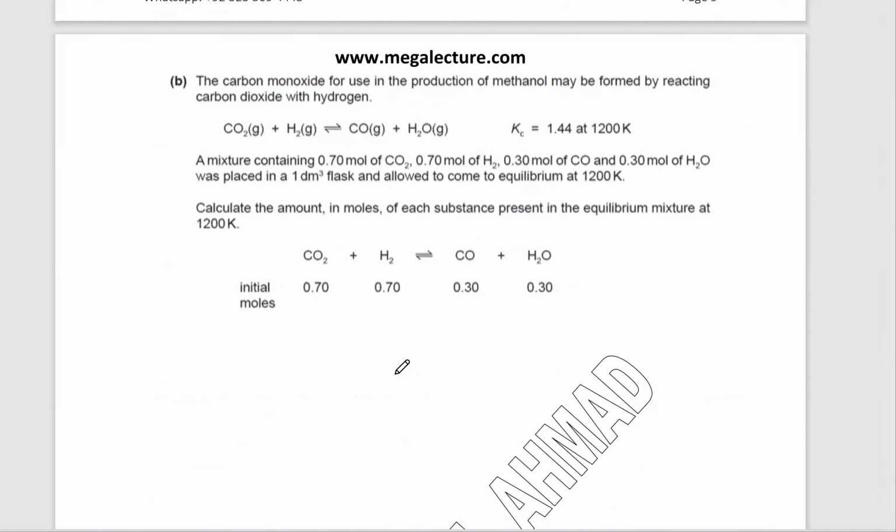Just go find the equilibrium moles for this question. Kc is given. The initial moles are given, this and this. They're all given.